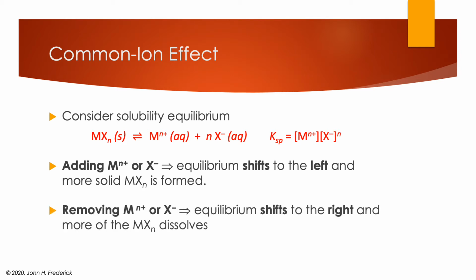If we were to remove some of those ions as they're being produced in solution, the equilibrium would actually act to dissolve more of the material, and so more of the MXN would dissolve. So you can think of this as if we have something that we really want to dissolve in a solution and we want to dissolve more and more of it, all we need to do is find a way to remove those ions as they're introduced into the solution, and more of that solid will dissolve.